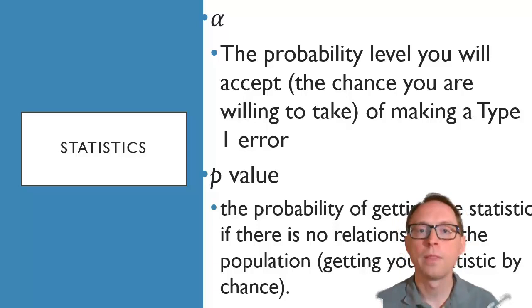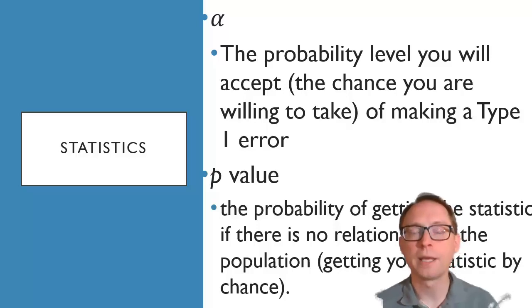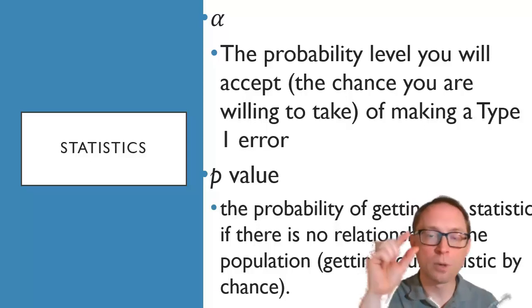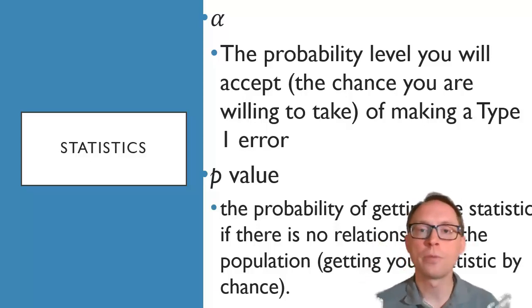It's a separate probability. If your p-value is less than your alpha, that is good. That means that you have a small chance of making a type 1 error. There's a small chance of you calling your mom saying you're pregnant when you're not. Instead, you're more likely to actually be correct.